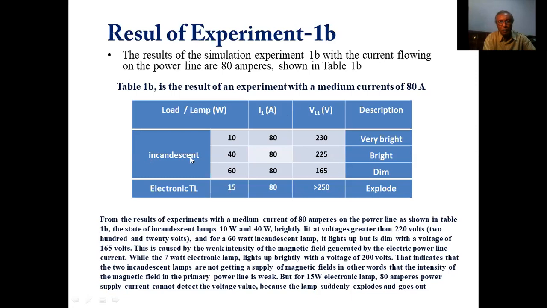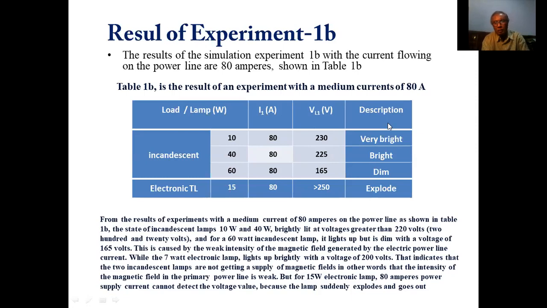For the incandescent lamp 10 watt, the voltage in the lamp is 230 volts. Description: very bright. For the incandescent lamp 40 watt, the voltage in the lamp is 225 volts.